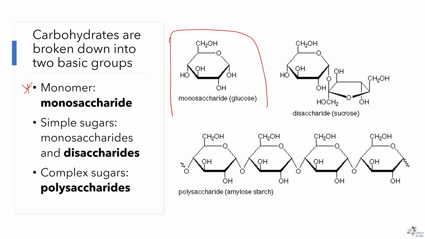So this is the monomer right here. And everything else is going to be built off of monomers that look very similar to this. There's a bunch of different types of monomers, just like there's a bunch of different types of amino acids. This one just happens to be glucose that I'm showing you, but there's lots of other types that can be used as the base here.